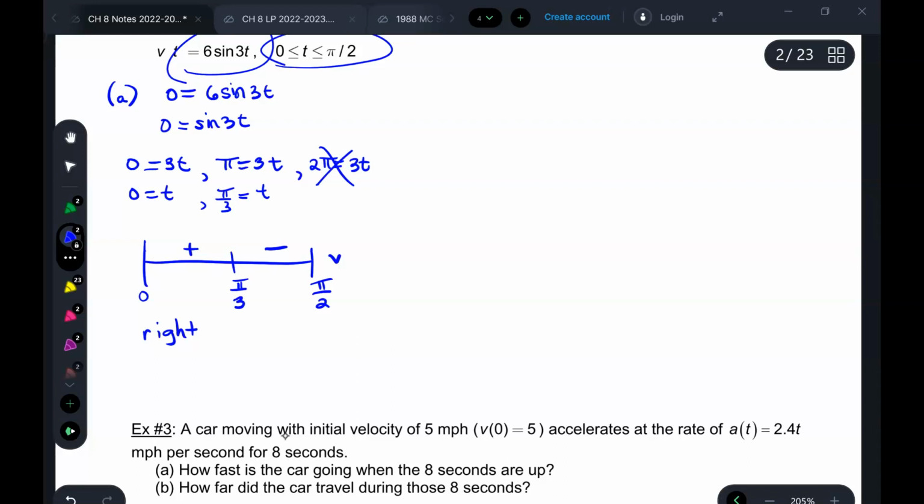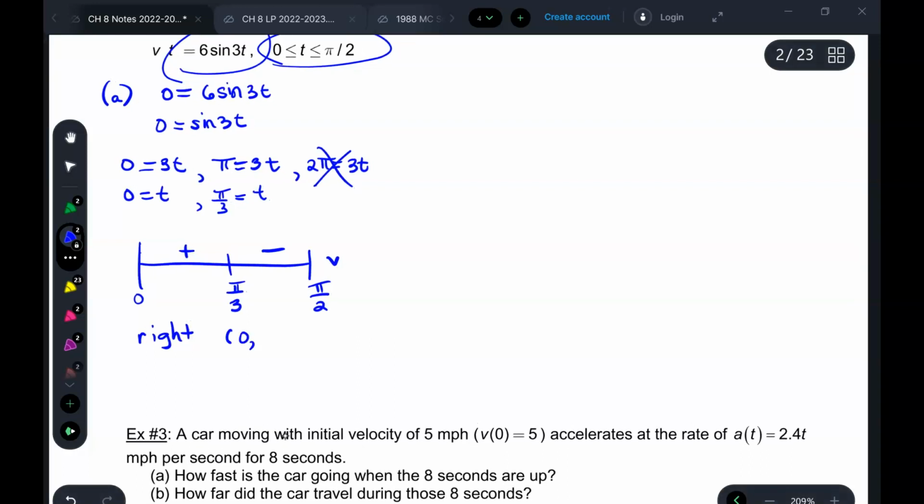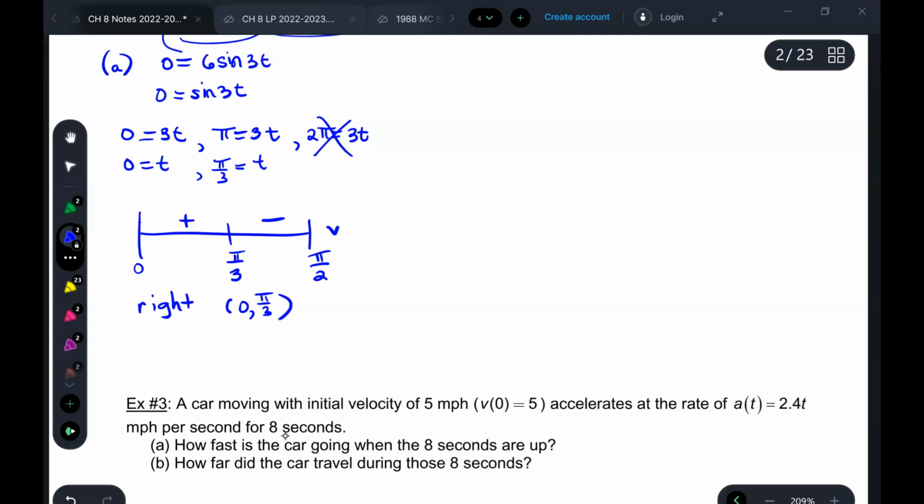Okay, so it's going right from 0 to pi over 3. I am not including the endpoint this time because it's technically stopped at 0. Remember on the previous one I included the endpoints. Here, when is it moving left? From pi over 3 to pi over 2. Do I include the pi over 2?